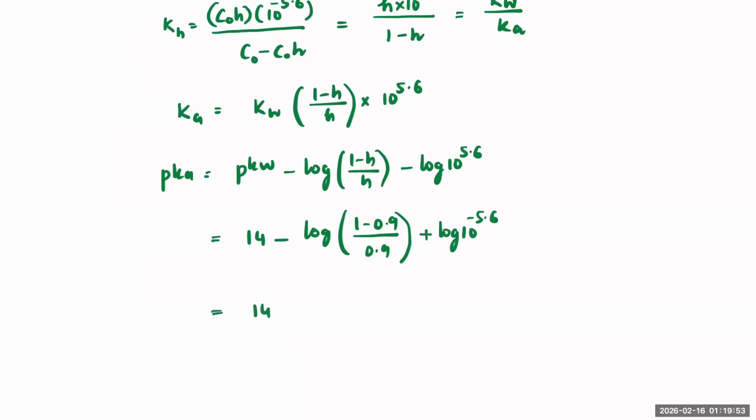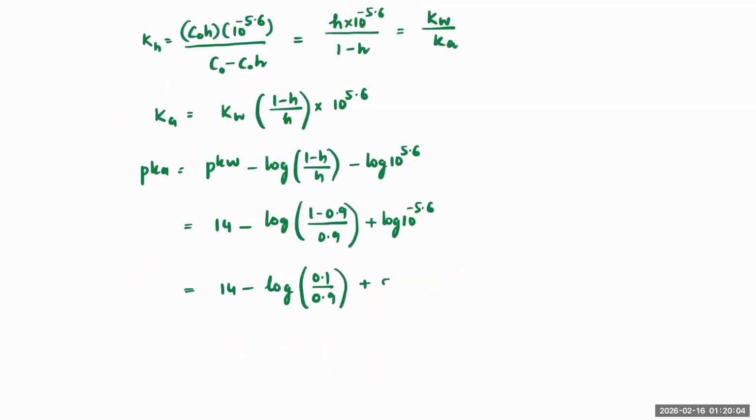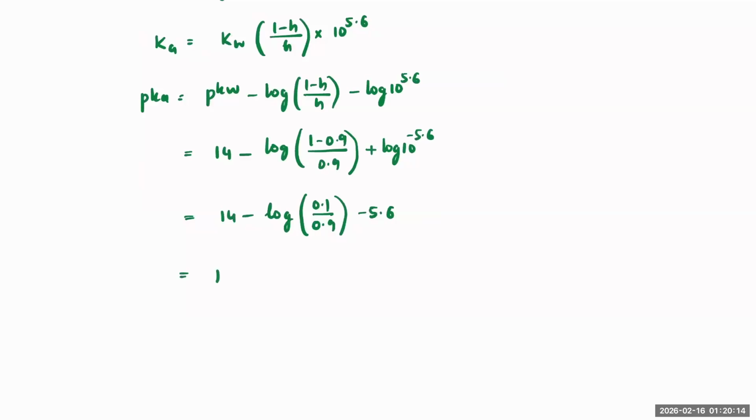So that is 14 minus log of 0.1 by 0.9, plus log of this value, which is minus 5.6. So it is 14 minus log of 1 by 3 minus 5.6, which is equal to 19.6 plus log of 3. Got it?